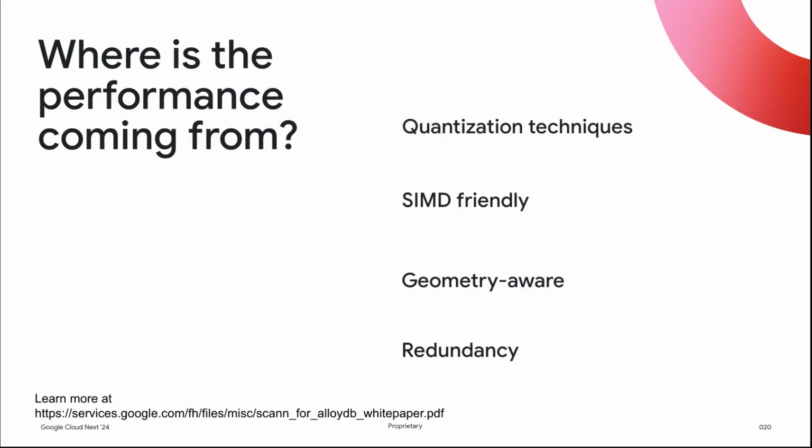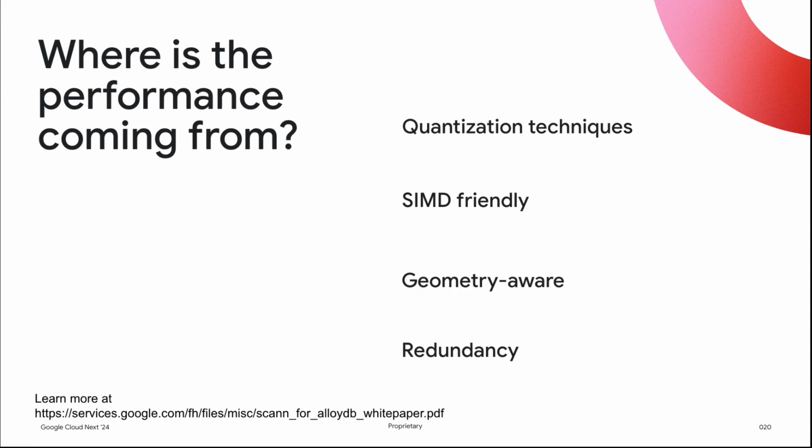We will not have the time to discuss this very deep technology that has been developed over multiple years in the course of the few minutes that we have here, but it is worthy classifying it into a bunch of buckets. One bucket that delivers a bunch of performance improvements is quantization techniques.